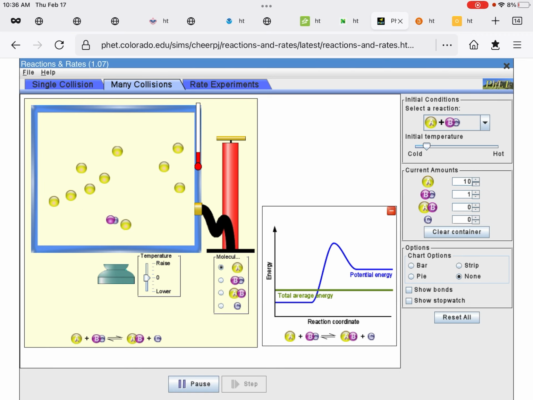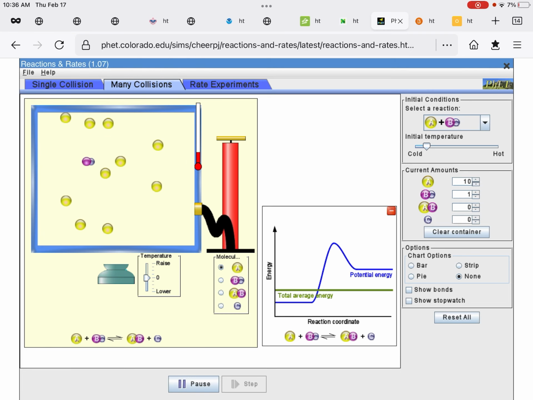Okay, so what we've got going on here is a reaction that could take place between the yellow atoms, A. You'll notice down in the lower left-hand corner there's a reaction. The atoms A can react with the molecule BC to produce the molecule AB and the atom C. So basically, A comes in, kicks out C. But you'll notice from looking at the simulation itself that we have lots of collisions happening.